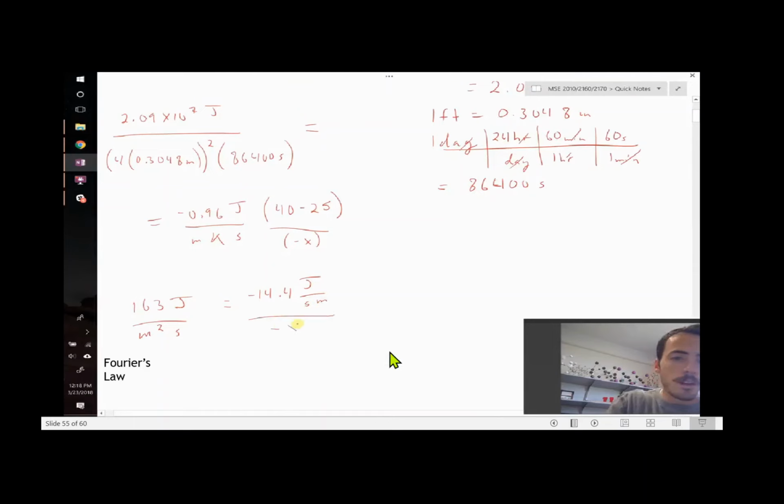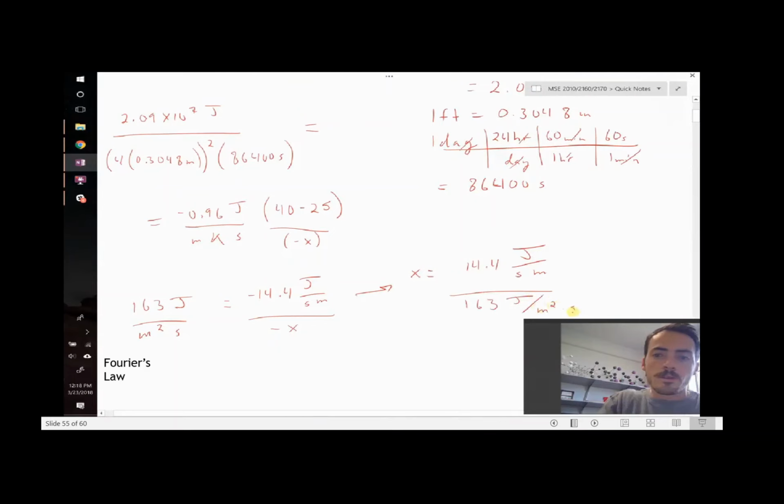So we can solve for x just by bringing it over. Let's take away the negative sign on both sides, and we are left with x equals 14.4 joules per second per meter divided by 163 joules per meter squared per second.